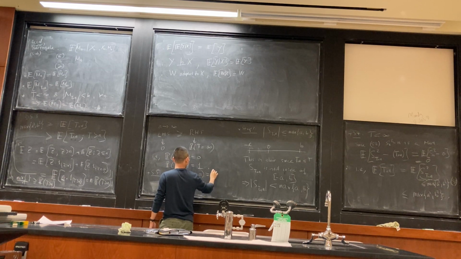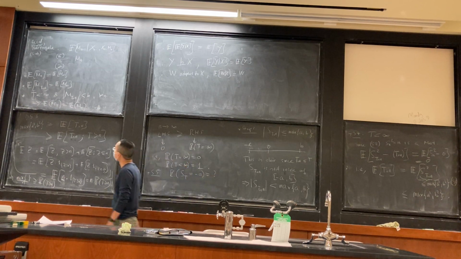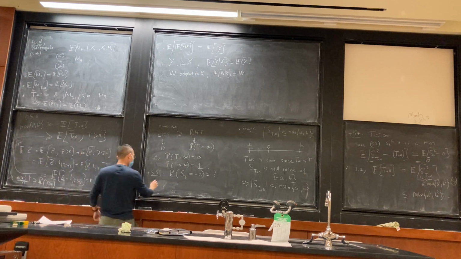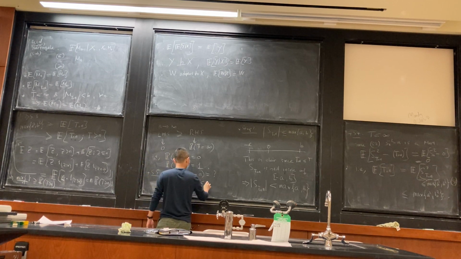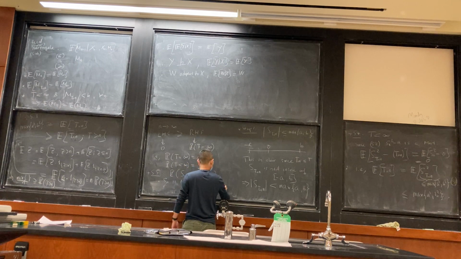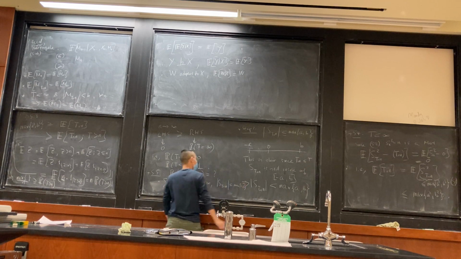So what do I have so far? I have S_n is a martingale again, T is finite for sure, and I know S_{T∧n} is only trapped by the maximum of a and b.